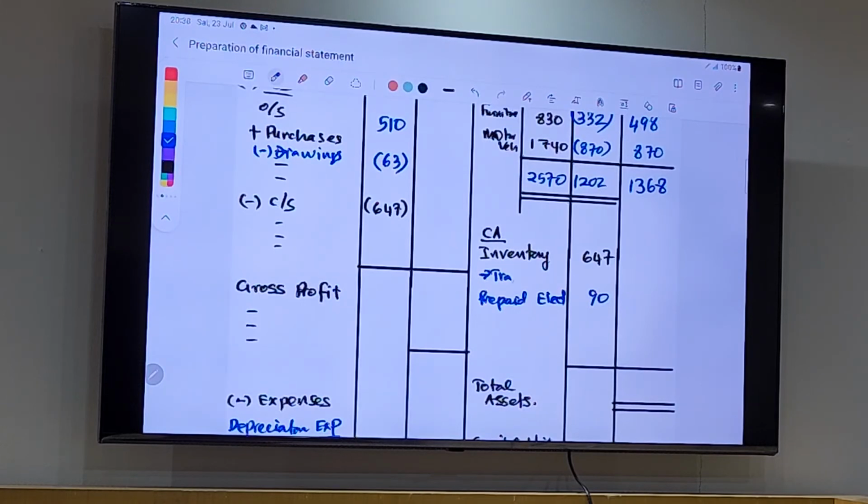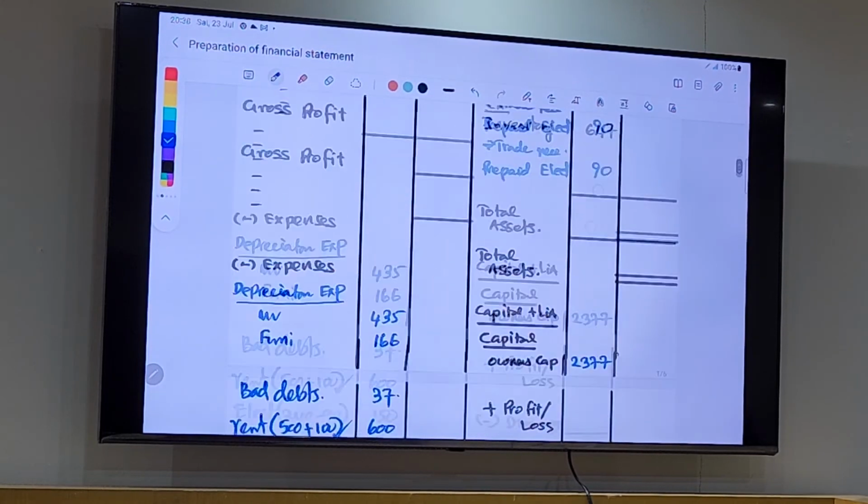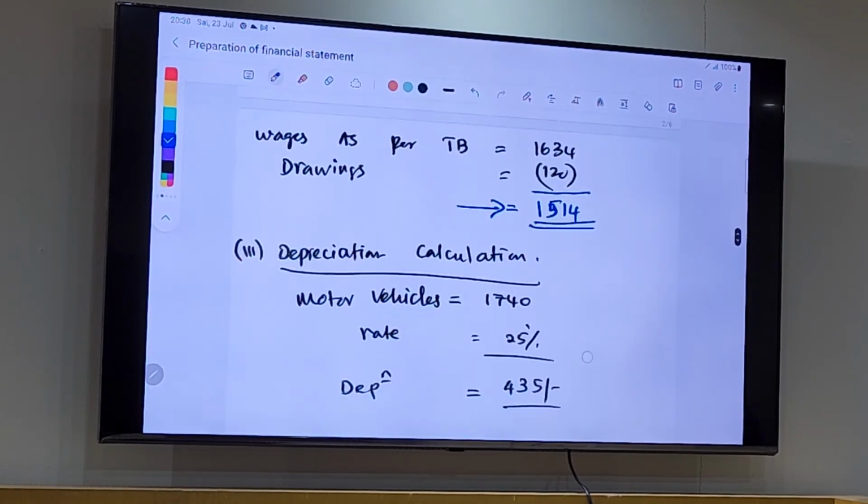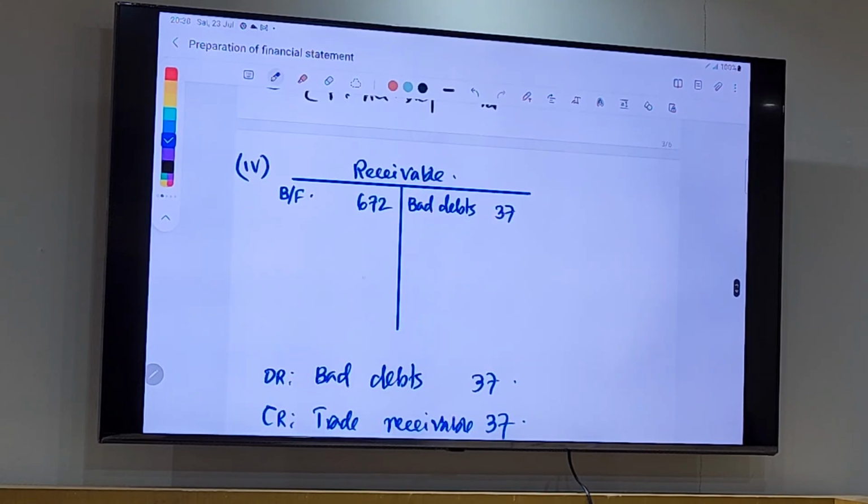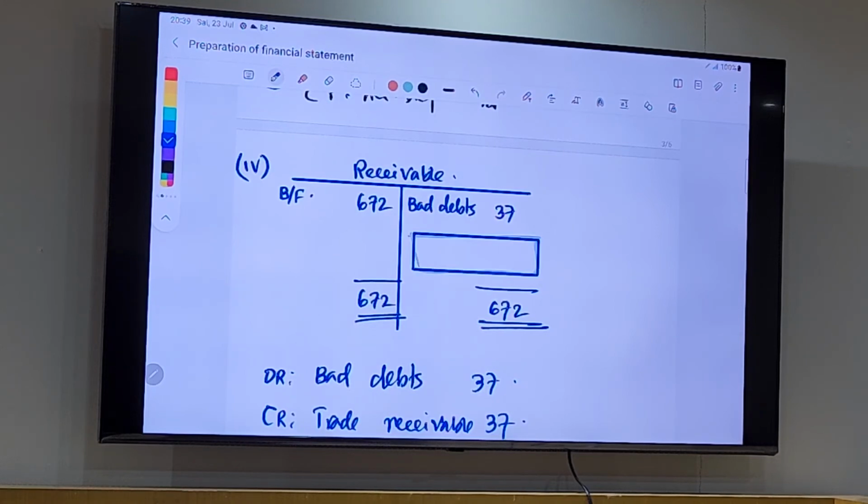Always remember, after inventory, second item is trade receivable. We have an adjustment here. 6672 minus 37. How much? 635. That's carried forward.